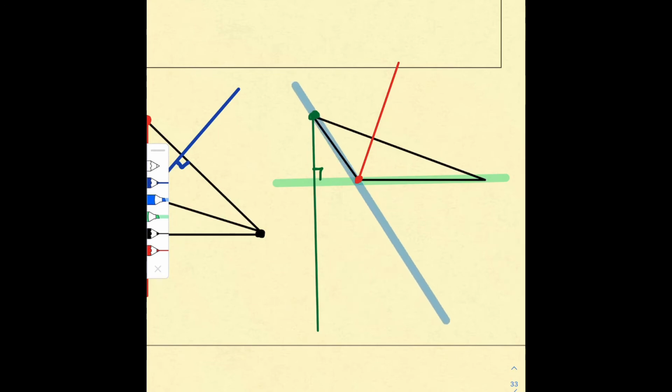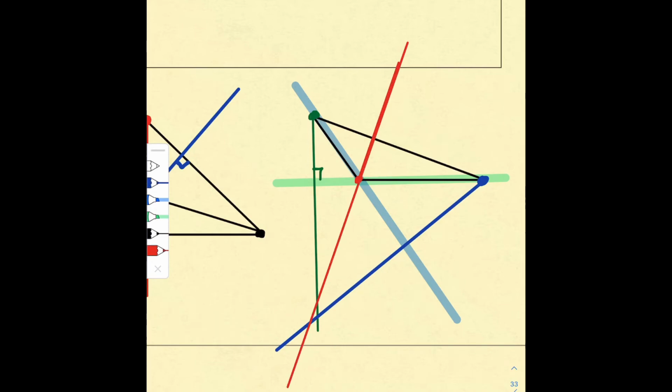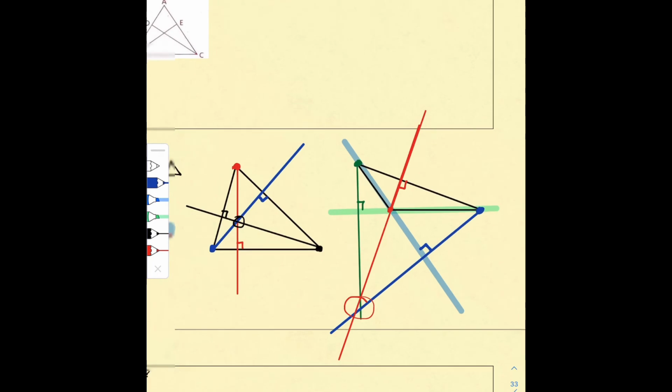So again, we're going to have to extend this side. And we'll take the blue side and we'll draw a perpendicular. It looks like they don't meet, but that's because this red side just needs to be extended more. You can see my drawing is a little bit off, but they're going to meet right here if I've drawn them accurately, as long as every side is perpendicular to the opposite base.